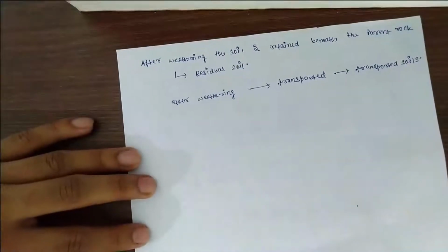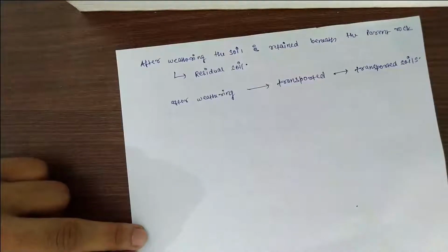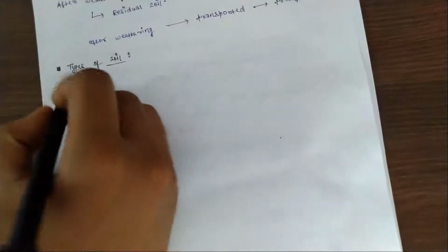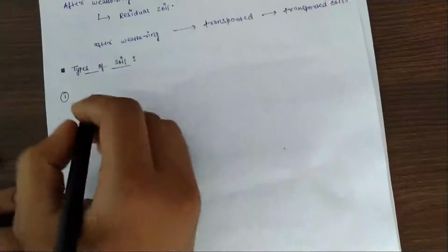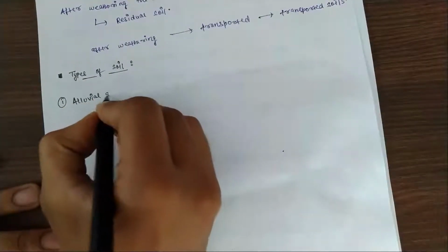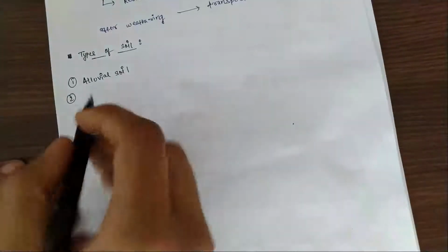So now we will be seeing the different types of soil like alluvial, black cotton, and we will be discussing them in detail. There are mainly 16 types of soil in total. The first one is alluvial soil. Second type of soil is black cotton soil.